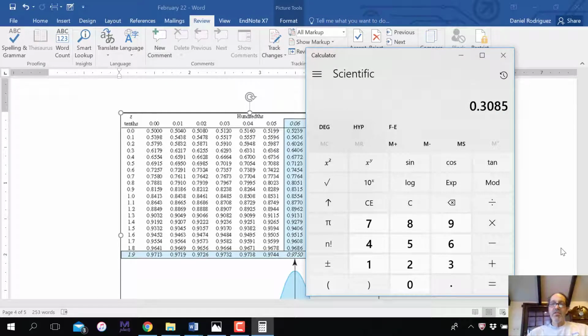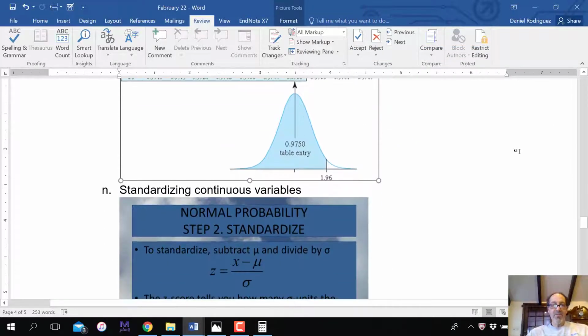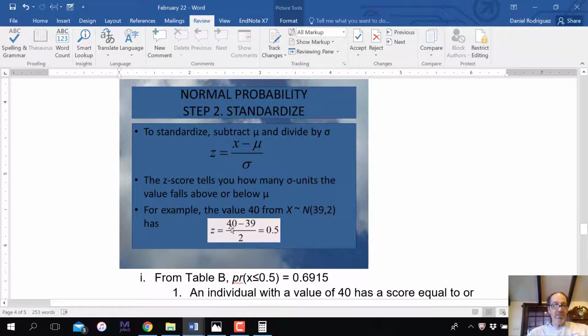So there's a 31% chance, rounded, of scoring at or above 0.5. Or we can translate that to at or above 40, right? Because we just standardized it in order to do that calculation, but we have to bring it back into our original scale.